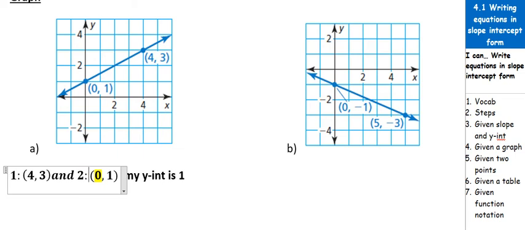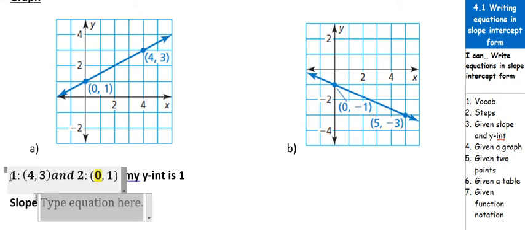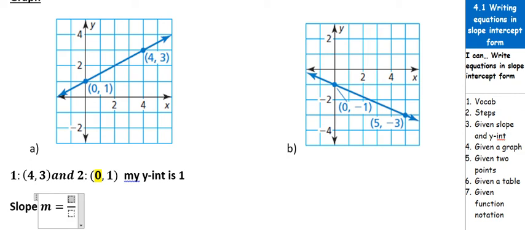This is point 2. Doesn't matter which order I put them in as long as I keep it straight with which one's which. So my slope m equals y2 minus y1 over x2 minus x1.